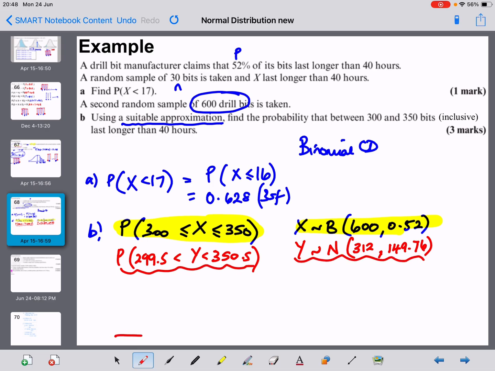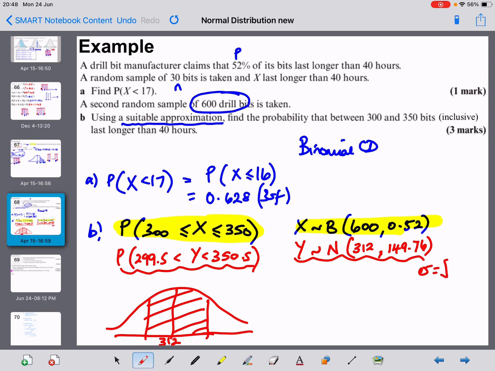I can now work out that probability by just considering that area. So there's my curve. I want 312 between 299.5 and 350.5. So I'm after that area there. Don't forget your standard deviation is the square root of 149.76. So if you stick that in your calculator, normal CD, then you should get an approximate probability of 0.846 to 3 sig figs.